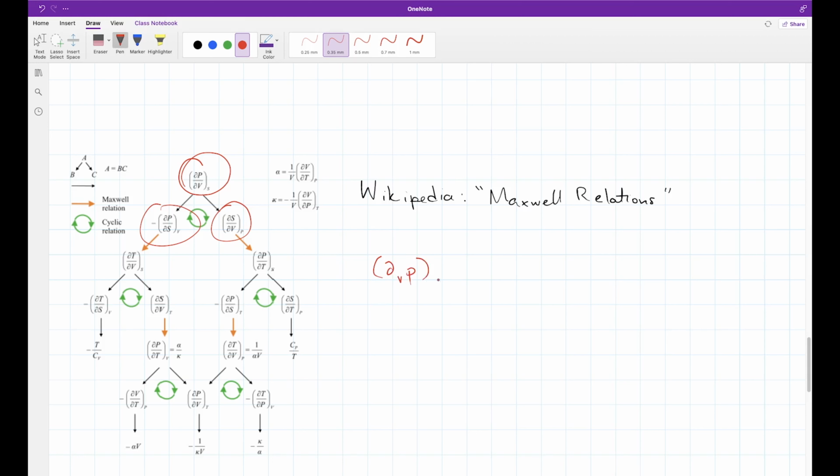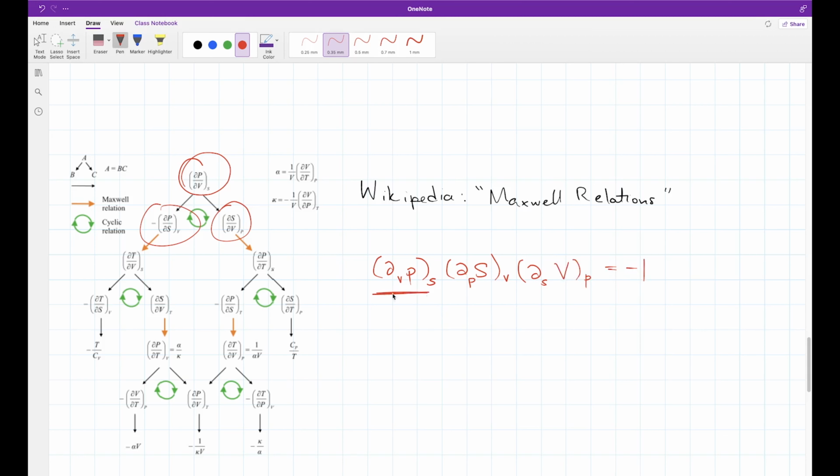So dP/dS at fixed V, dV/dS at fixed P, dS/dV at fixed P... let's move things in this direction. So we're going to move this down. dS at fixed V, dP, is equal to -1.